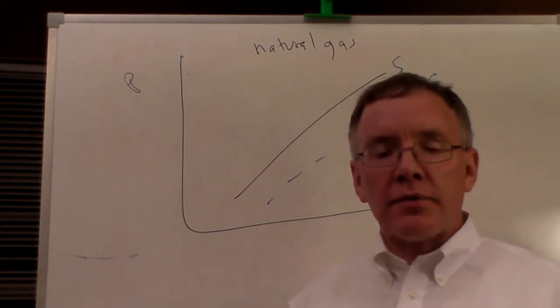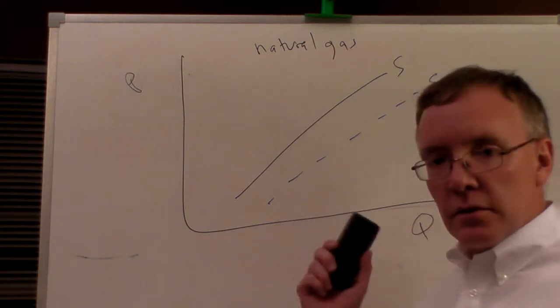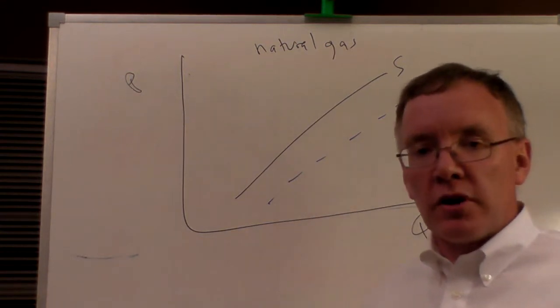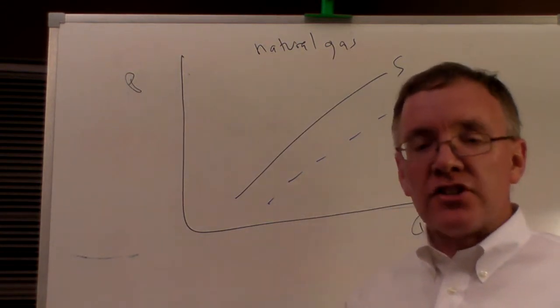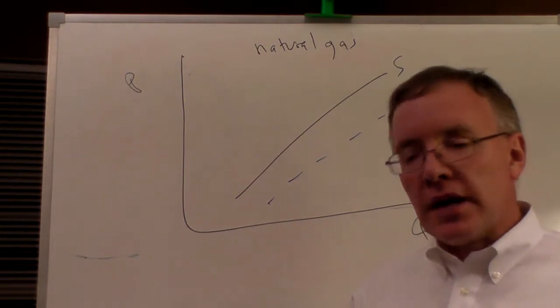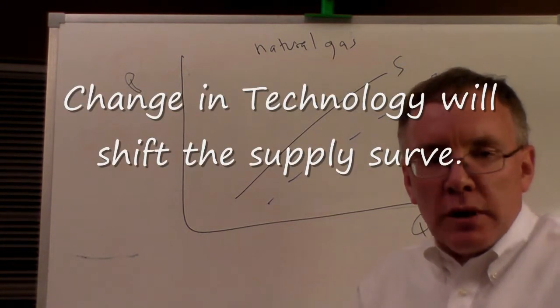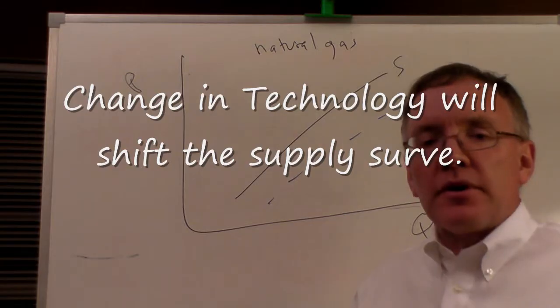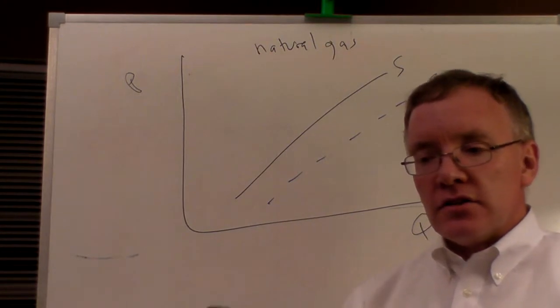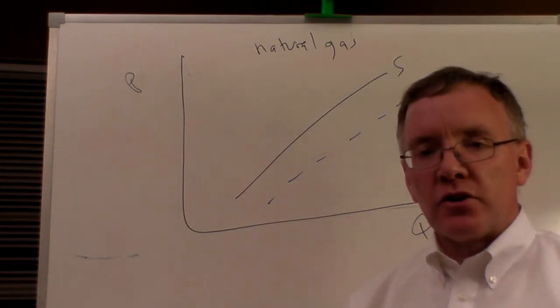Finally, and I think perhaps most importantly, the factor that will shift the supply curve is a change in technology. Technology is not just what we think of when we think of high tech and fancy equipment. Technology in economics is the taking of any inputs and using them to produce that final good or service.